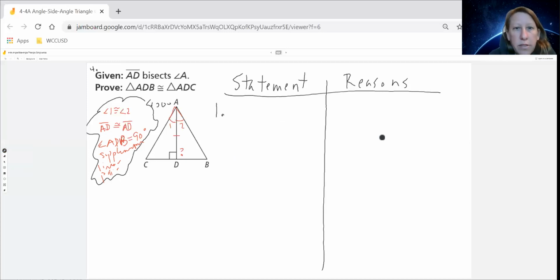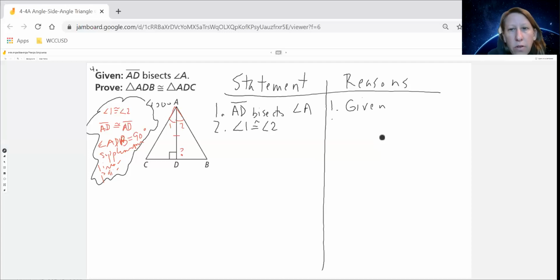In this proof, I'm going to start with the statement that's given, because then I don't forget about it. I also want to do angle, side, angle, so it's good to start with the angles here. This is given. And I'm also going to do that first step: angle 1 is congruent to angle 2.